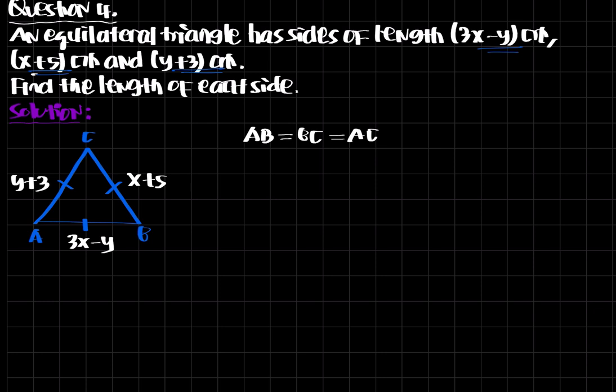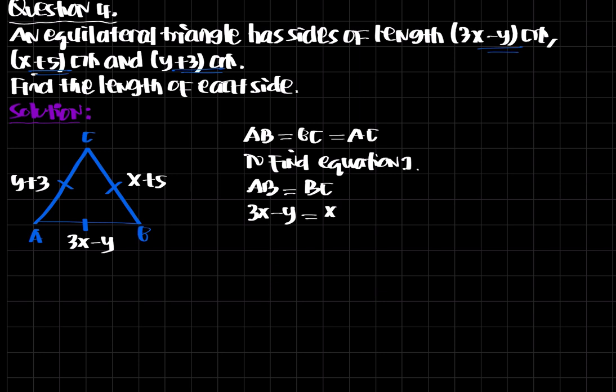So what we can do now is find the equations. To find equation 1, AB equals BC. So AB is 3x minus y equals x plus 5.